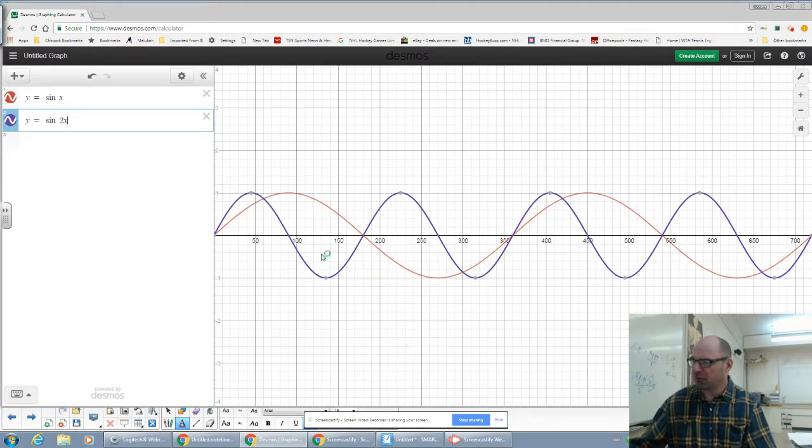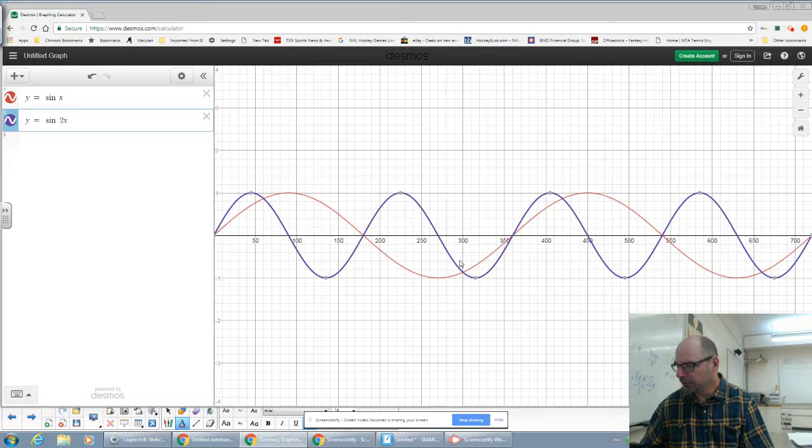But in reality, if we look at the period, there's one period to 360 degrees of the red graph. There's 2 periods all the way to 720. This one here has 1, 2, 3, 4.